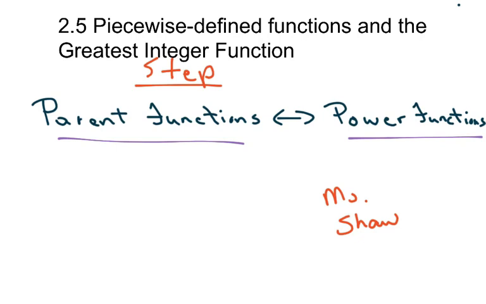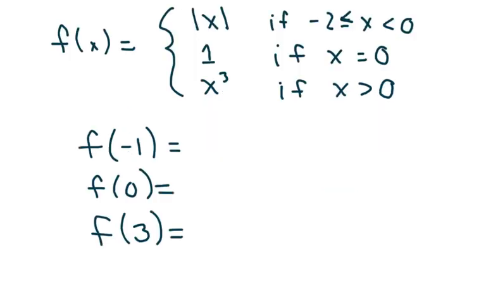Okay, the first problem we're going to go over is 37 in your book. This is what it looks like. So let's just look at this and see what this is, first of all. We have 3 pieces. 1, 2, 3. Hence, piecewise defined function. You should know what this looks like.